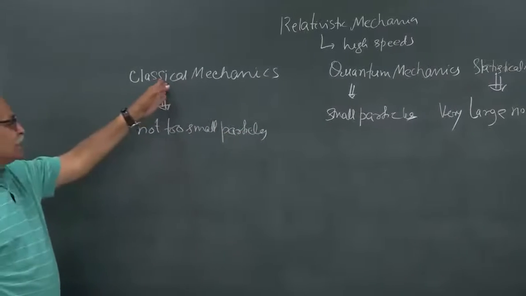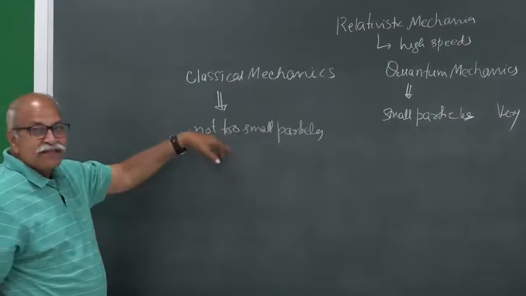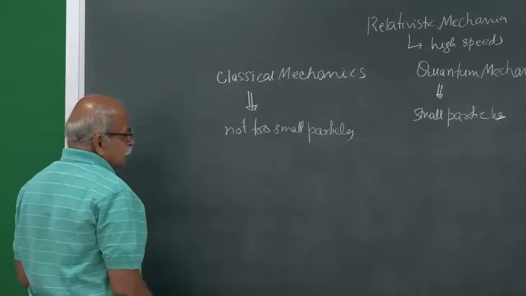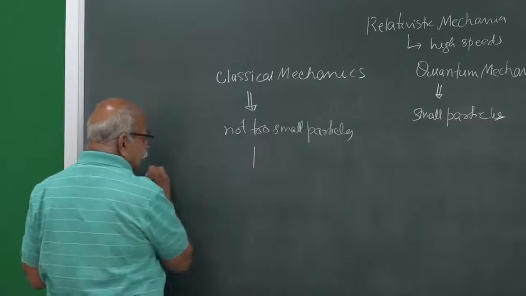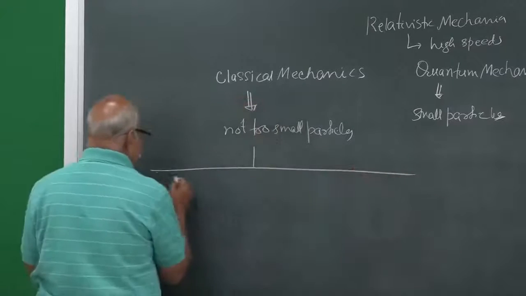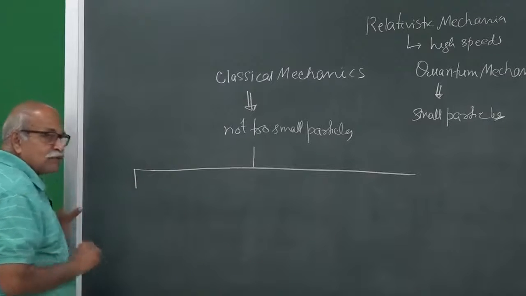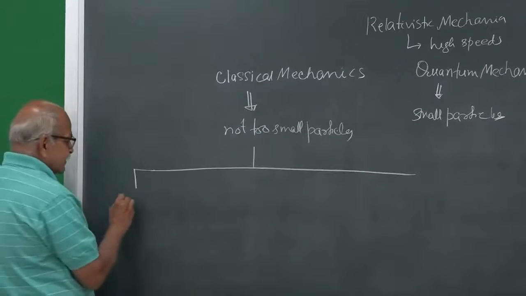Now, coming to classical mechanics, which talks of particles, systems of particles, rigid bodies, like that. Here also you have three formulations. One is the classical mechanics formulated by Sir Isaac Newton.